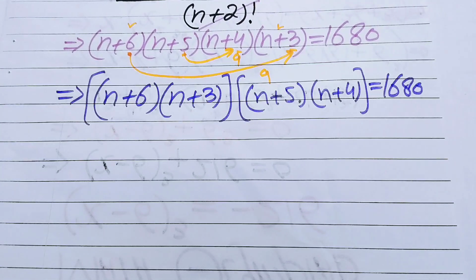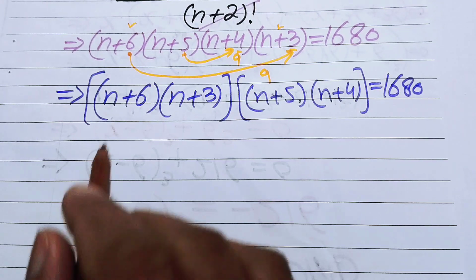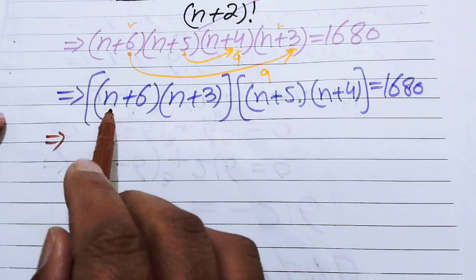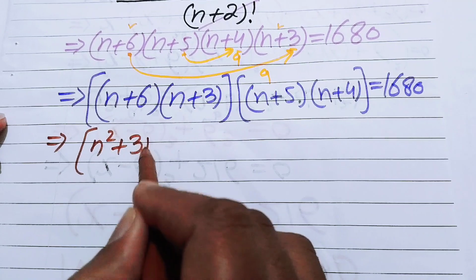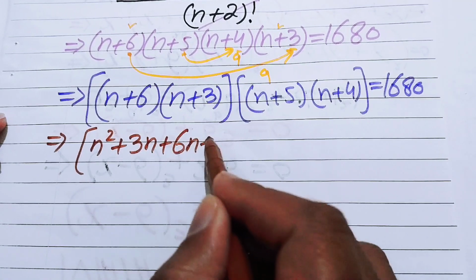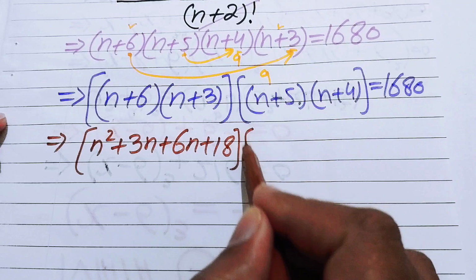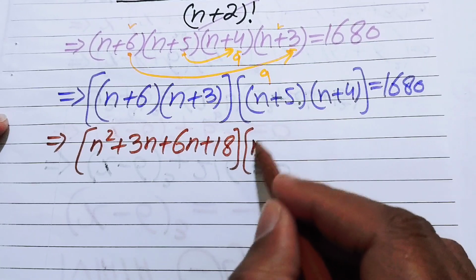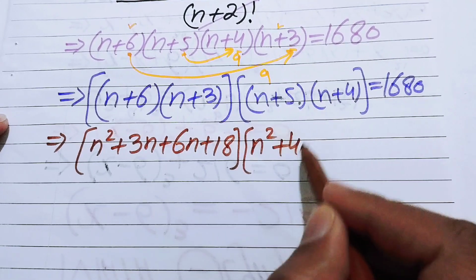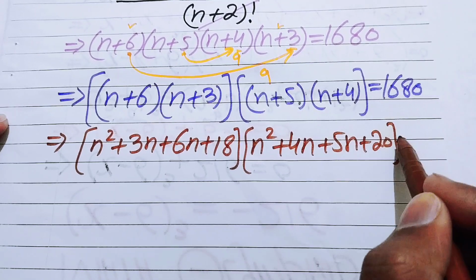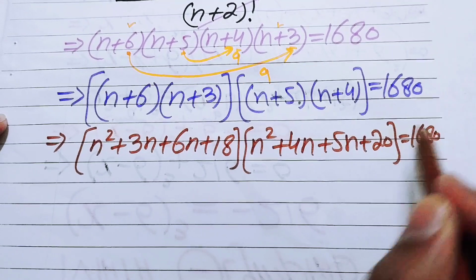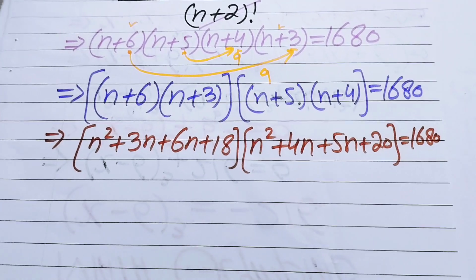In the next step you will just multiply these two factors and you will get its output in this form. When we multiply these two factors here, you get n squared plus 3n plus 6n plus 18, and similarly when we multiply these two factors, you obtain n squared plus 4n plus 5n plus 20, and this whole equals 1680.